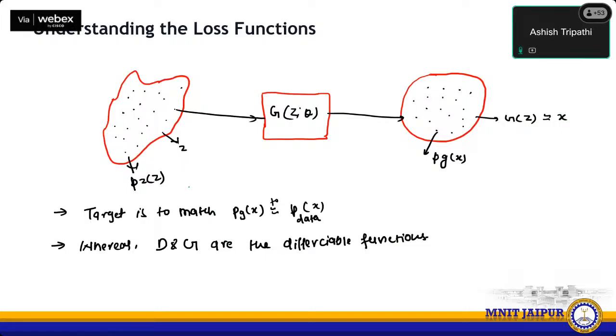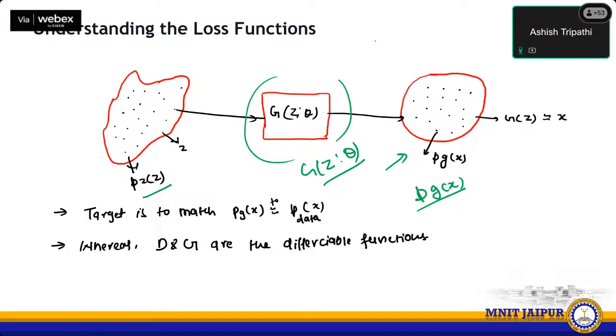So if I say this is the probability distribution Z and this is the generator network G, what does the generator network have to do? It has to take the input samples from the noise and train itself, and based on that, it is going to generate P_Z of x.